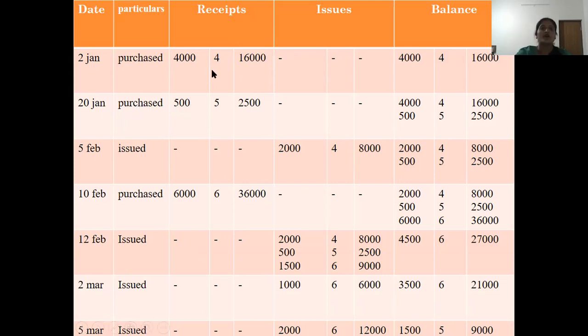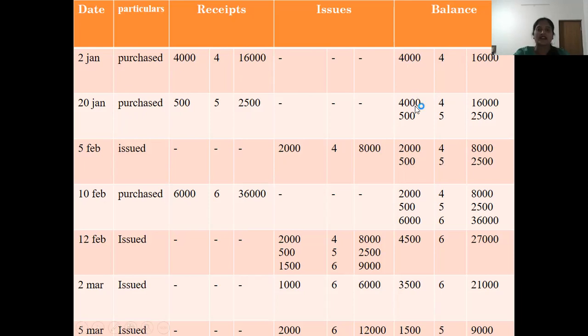How many units have you purchased on 20th? 500 units at the rate of rupees 5 per unit, and the amount will be 2,500. Now after the purchase, immediately we need to go for the balancing. See here, on 2nd, we had a balance of 4,000 at the rate of rupees 4 per unit, and the amount is 16,000.